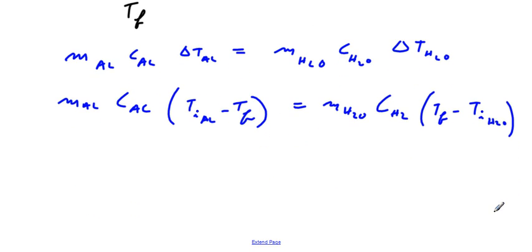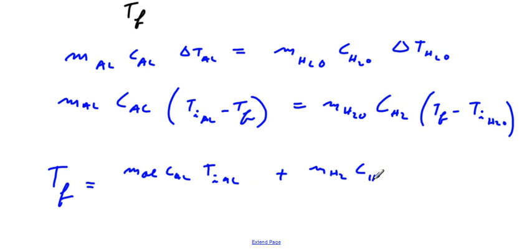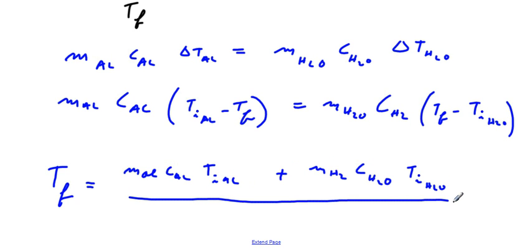That being the case, I can find that the temperature final is going to be mass of the aluminum, specific heat of the aluminum, temperature initial of the aluminum, plus mass of the water, specific heat of the water, initial temperature of the water, divided by mass of the aluminum, specific heat of the aluminum, plus the mass of the water, specific heat of the water.